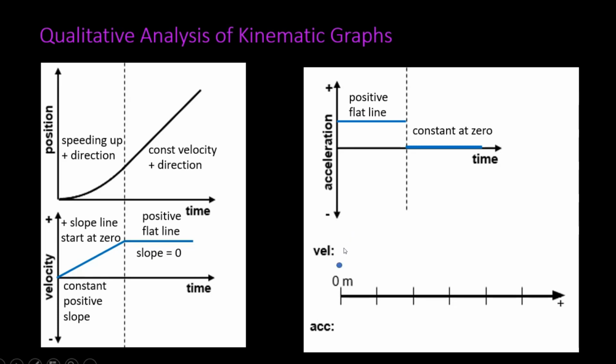So I'm going to start putting in the dots. It's speeding up, so I'm showing these dots getting further apart because this is the speeding up phase. Now it turns into the constant velocity phase. The spacing between these two dots is the same as the spacing between these two dots.